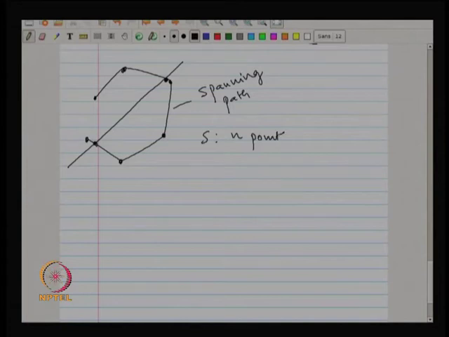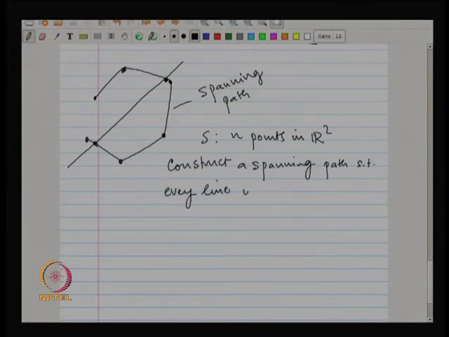So, the question you ask is the following: if you are given a set of points, construct a spanning path, let us call it pi, of S, such that every line intersects as few edges of pi as possible.